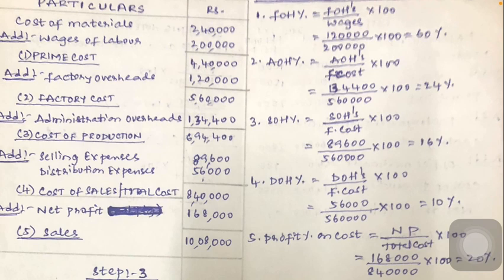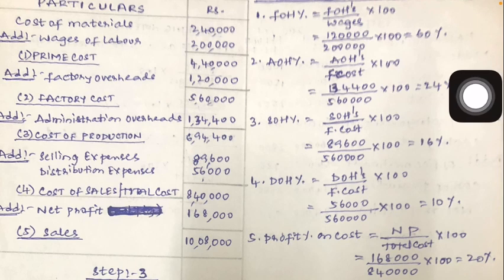Actually, you can calculate selling and distribution overhead percentage to factory cost, but rates are not remaining same. One overhead is increasing, another overhead rate is decreasing. That is why it is better to calculate separately the overhead percentage with regard to the selling overhead and distribution overhead percentage.